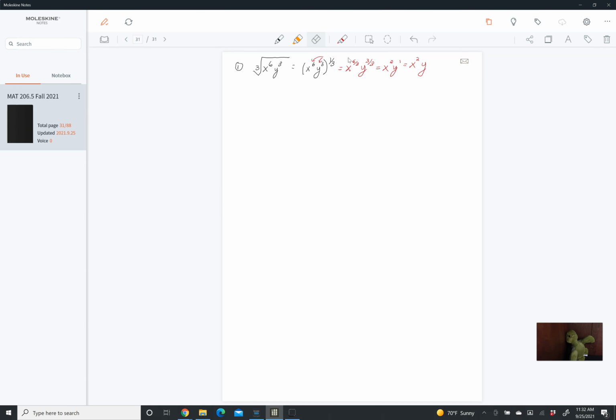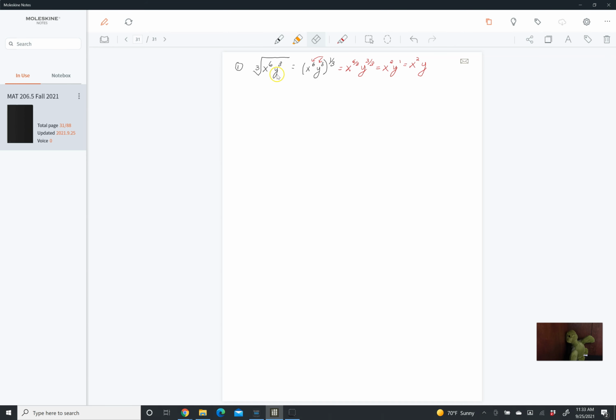We would just write y. Okay, so a couple of things to note here. The first thing is that because we could take away the radical completely, this is a perfect cube. This is a cube root. What is under the radicand? I'll write that down in a second.